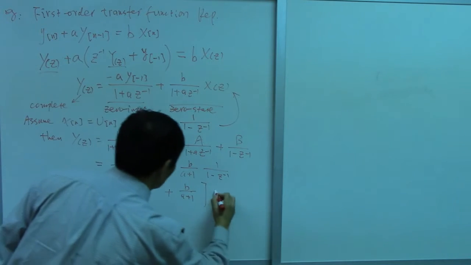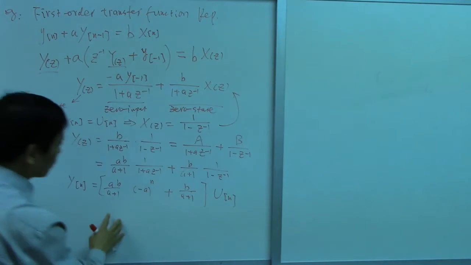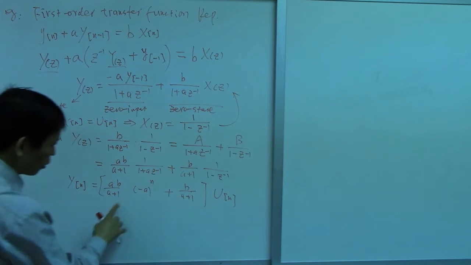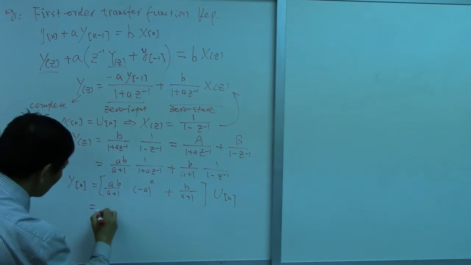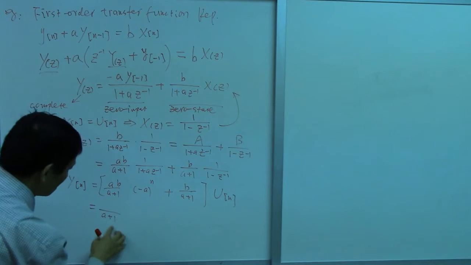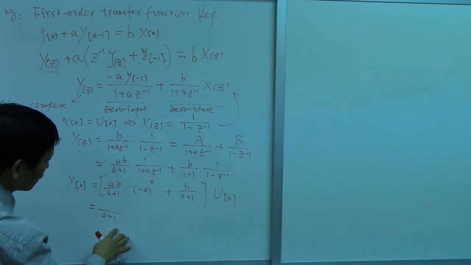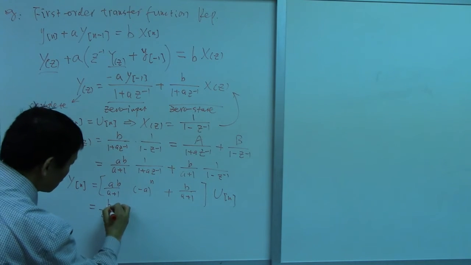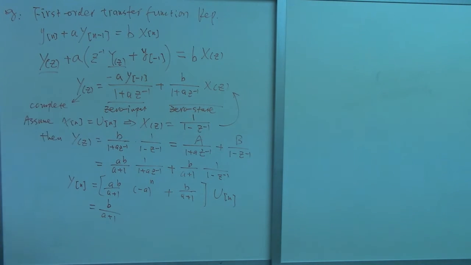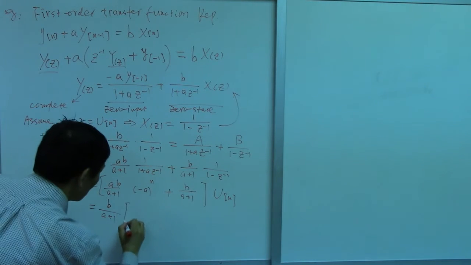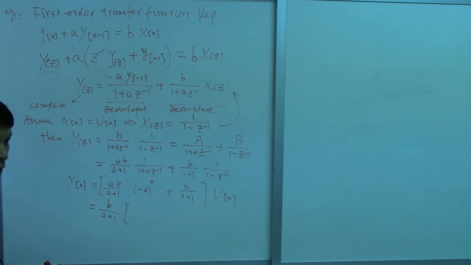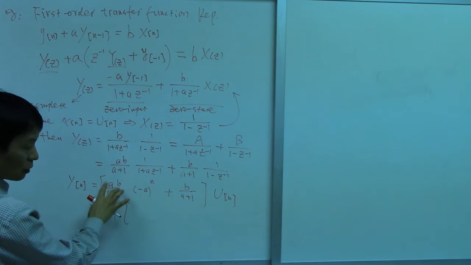Now, I want to combine these two terms together because they have a common term. So I will make this one a plus 1 and move this a inside here. Leave b outside so that we have a common coefficient, b over a plus 1. Then this term will be multiplied by a to here. But there's a negative here, there's no negative here.